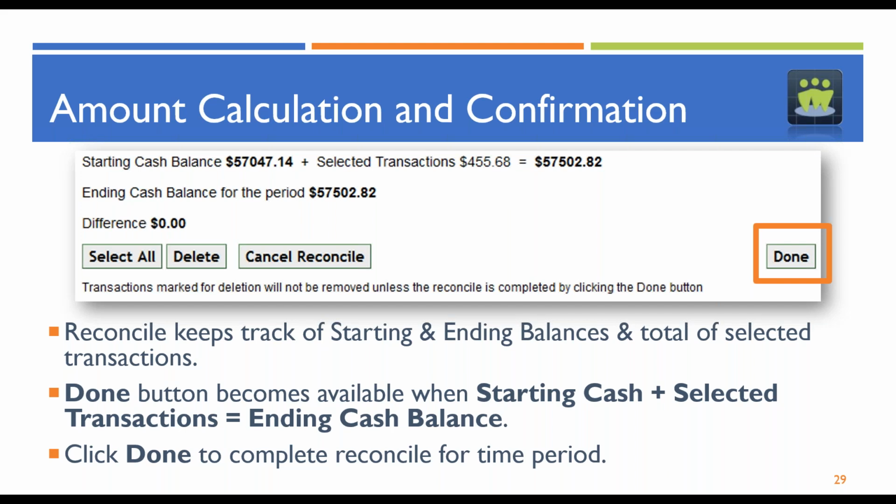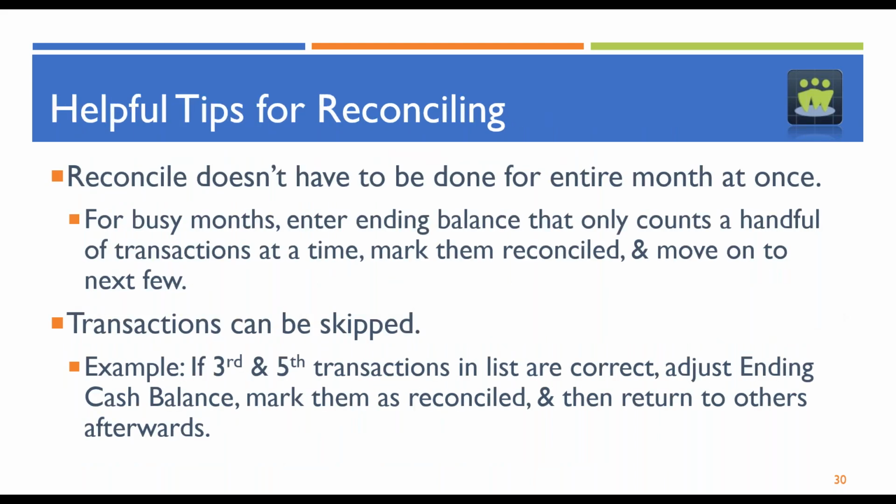So it won't let you finish the reconcile until you've actually gone through and double checked and made sure that everything works out. So you may come in and out of the reconcile once or twice if you find something that needs a little bit of an adjustment. But certainly we think it's better to go back and forth a little bit than to accidentally mark something correct or for deletion that does not really belong there. But once you get that difference to 0, you click done, and you are done with the reconcile.